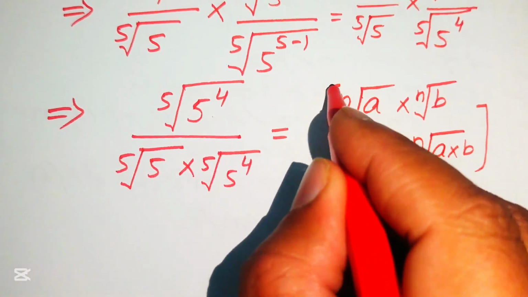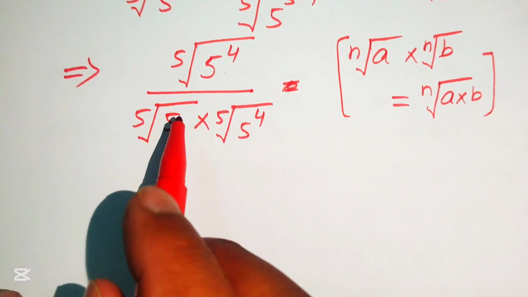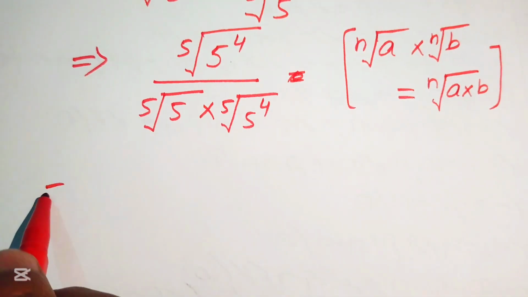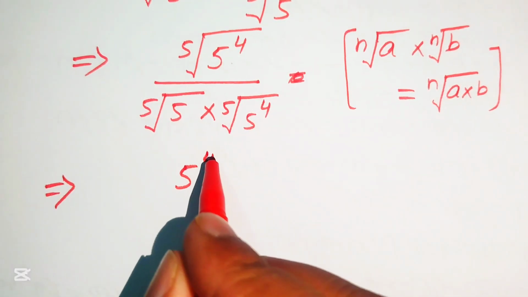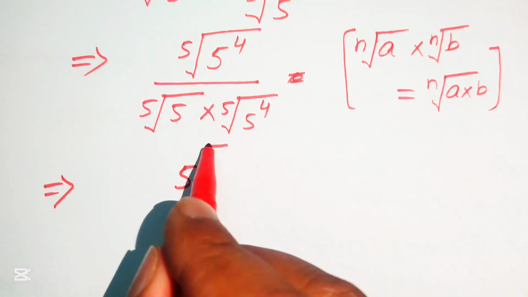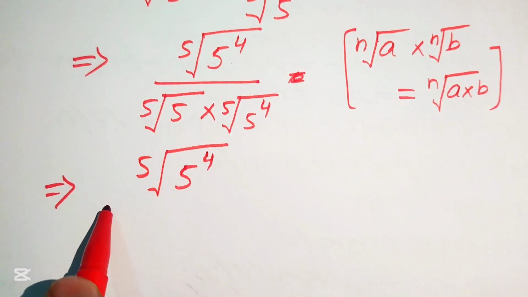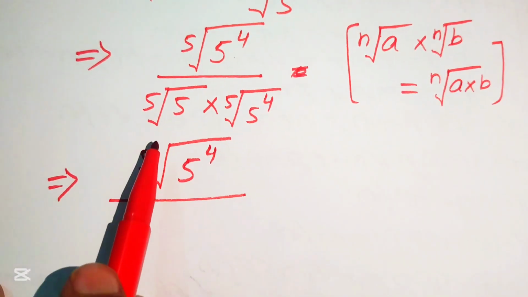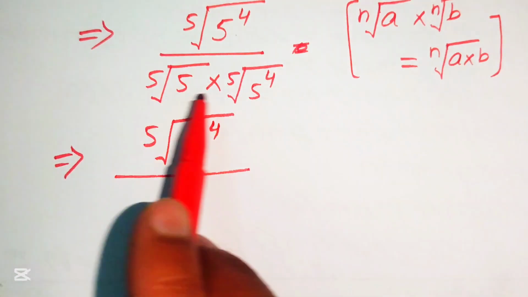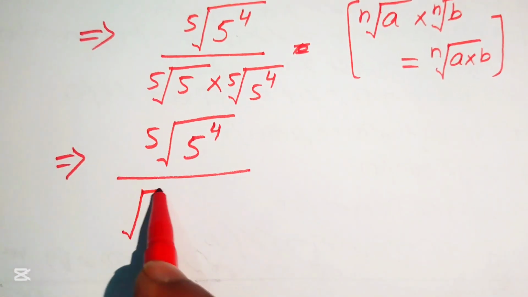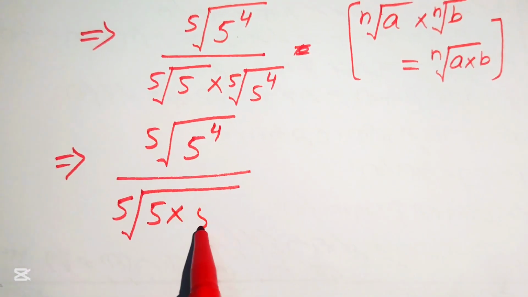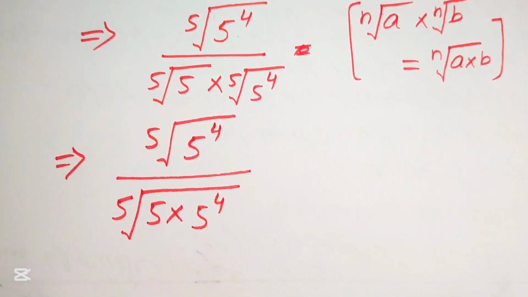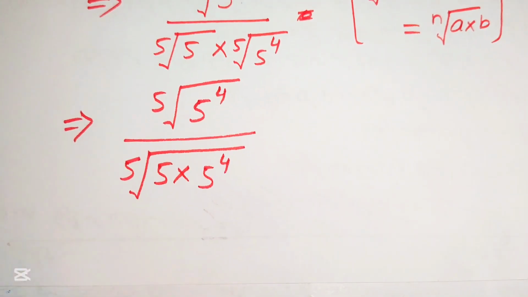According to this rule, we write our expression as the fifth root of 5 to the power of 4, divided by, combining the fifth root on these two values, the fifth root of 5 multiplied by 5 to the power of 4.